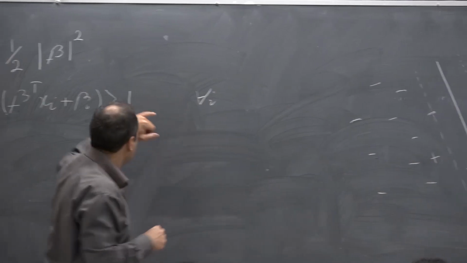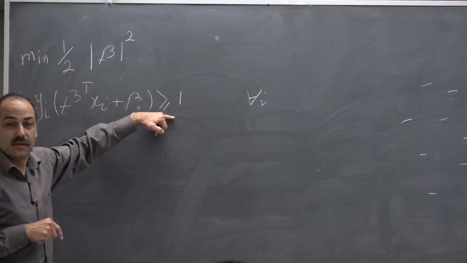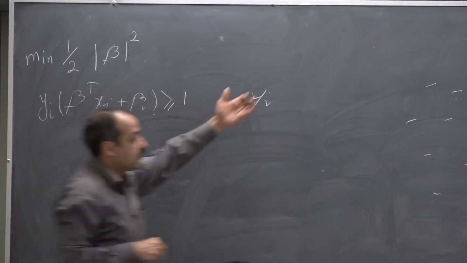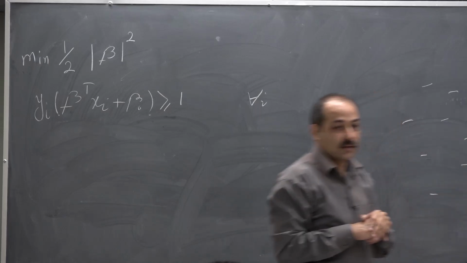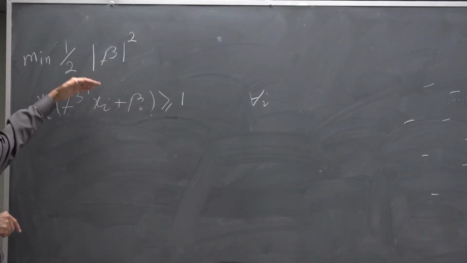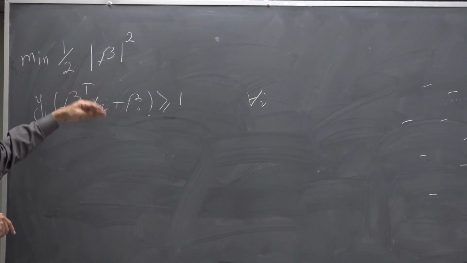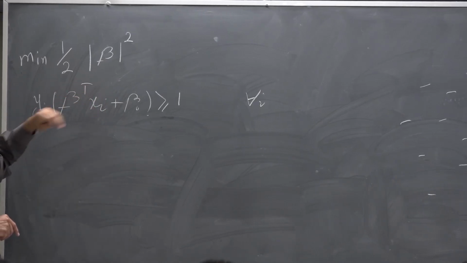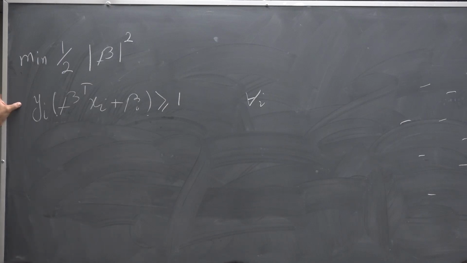But we can't satisfy this anymore, because there are some points that are going to violate this. This is not a feasible problem. If you try to solve this, it's not a feasible optimization problem anymore. So I need to change this constraint in a way that makes it feasible.